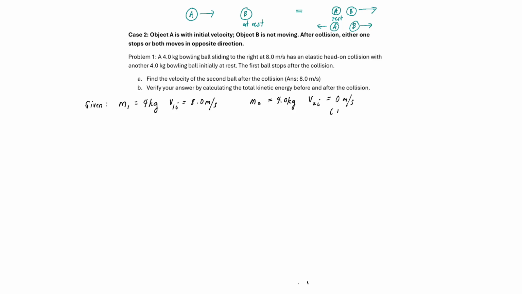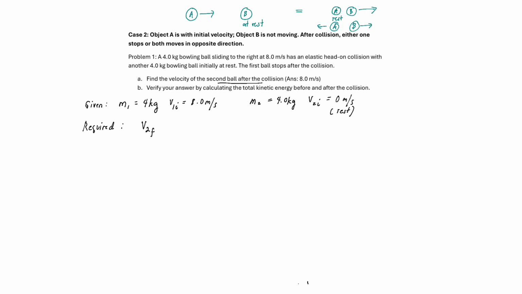Why? Basically, because it is at rest. And so what is the required here? The required is the velocity of the second ball after collision. So we have here the final velocity of the second ball.